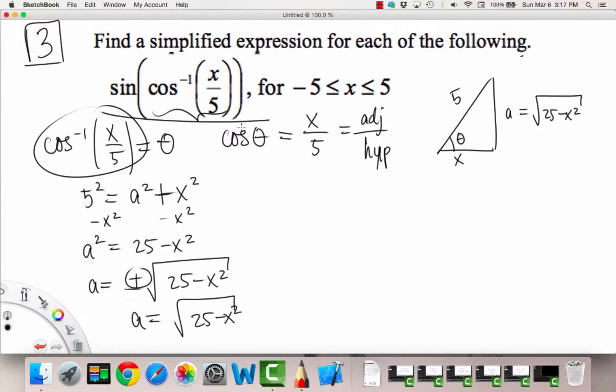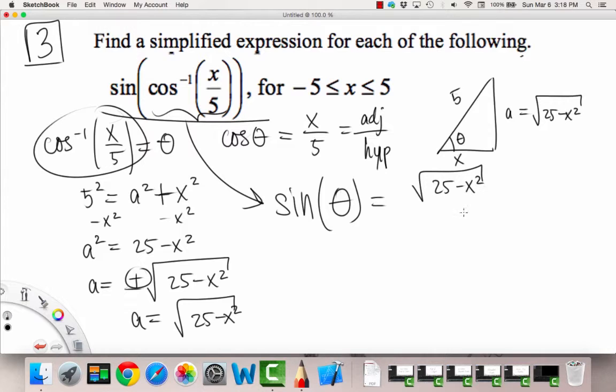So we can rewrite this expression as sine of theta, right? And so if we're just looking at sine of theta, that would be opposite over hypotenuse. Okay, so opposite is going to be radical 25 minus x squared, and hypotenuse is going to be 5, and that's it. That's going to be our answer, or our simplified expression for what we were given in the beginning.